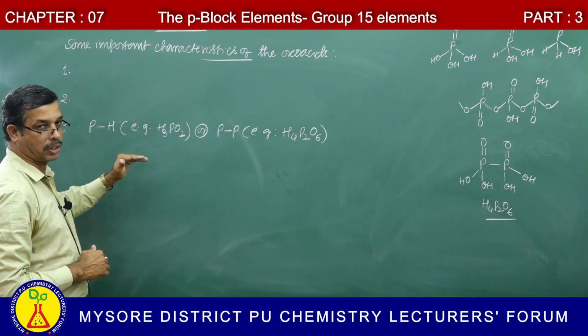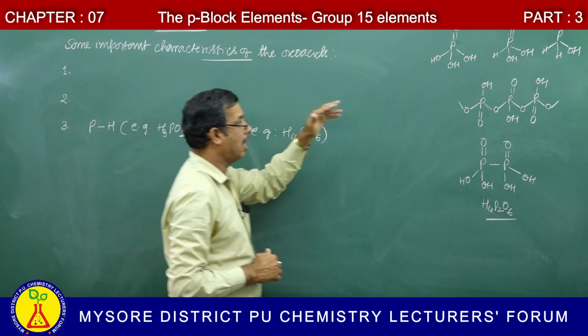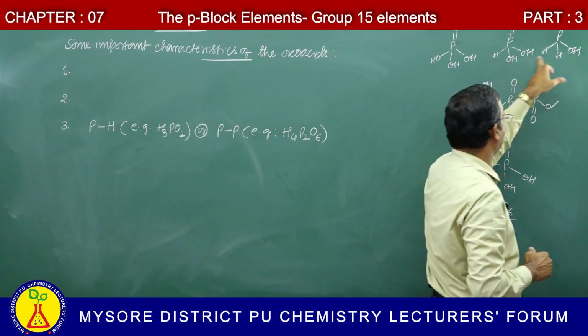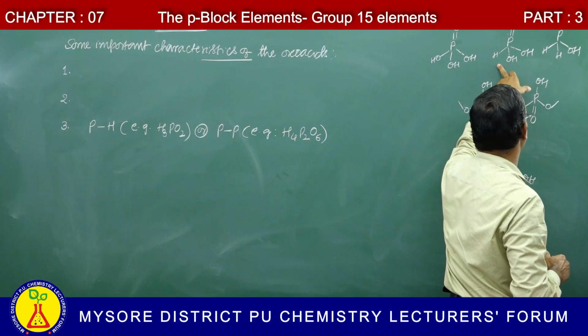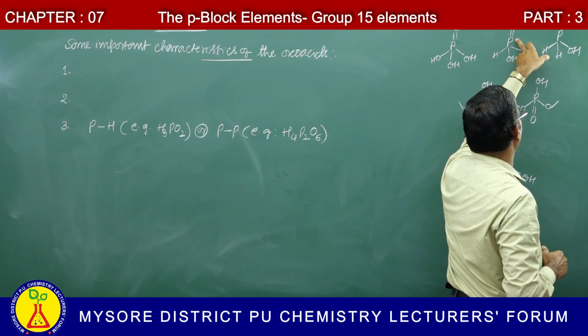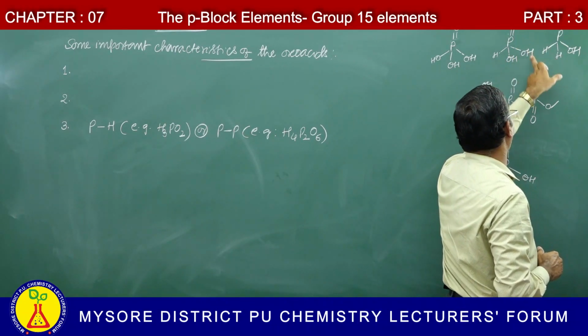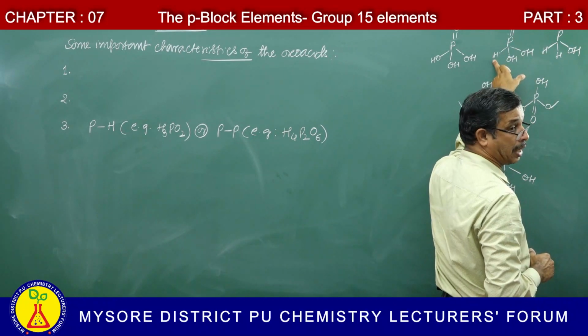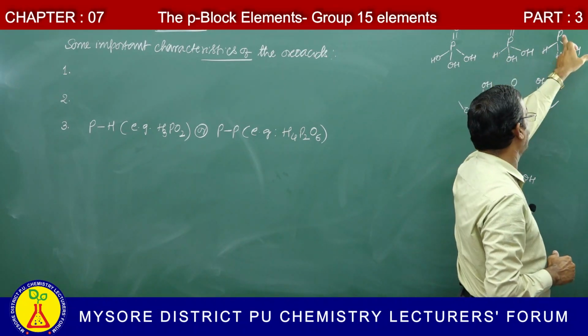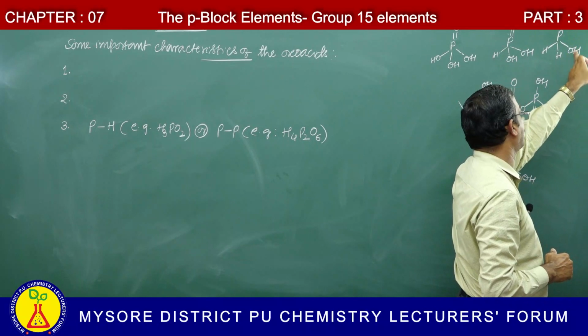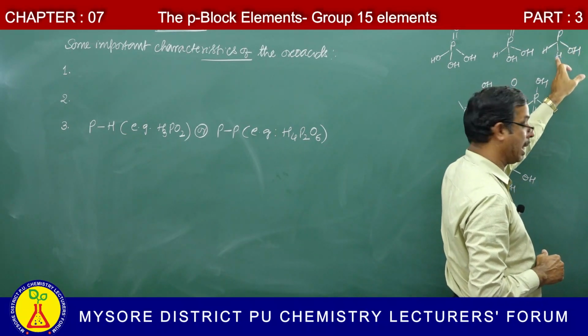In order to understand this, let us take these structures. Here, in addition to P=O and P-OH bonds, a P-H bond is there. Here also, a P-H bond is there.